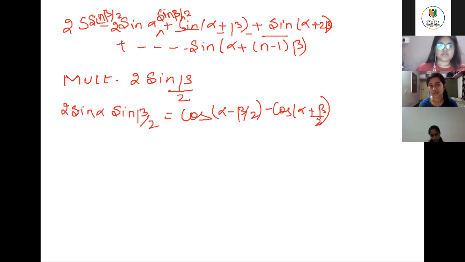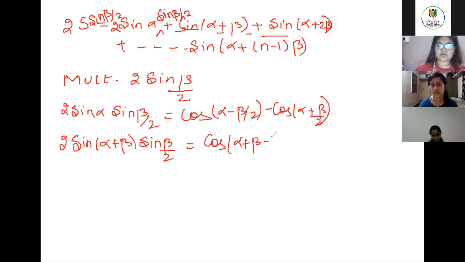Okay, so this is the thing. Next part of the series that we have is 2 sin(α + β) sin(β/2), correct? So this can be written again as cos(α + β − β/2) minus cos(α + β + β/2).